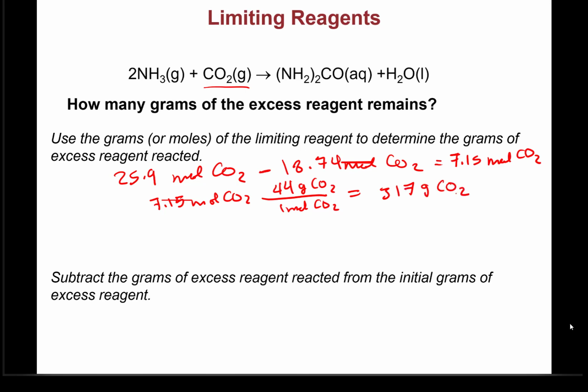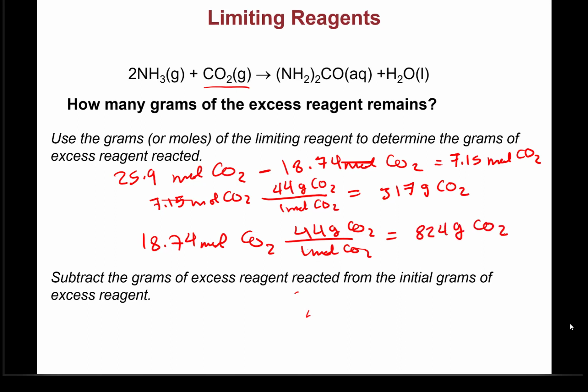Another way to do this is basically find out the amount of grams of carbon dioxide that reacted. So you take the number of moles of carbon dioxide that reacted, multiply it times the molar mass to get grams of carbon dioxide that reacted, which is going to be 824 grams of carbon dioxide, and simply subtract that number of grams from the initial number of grams of carbon dioxide.